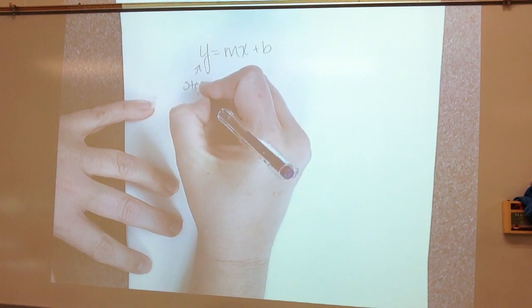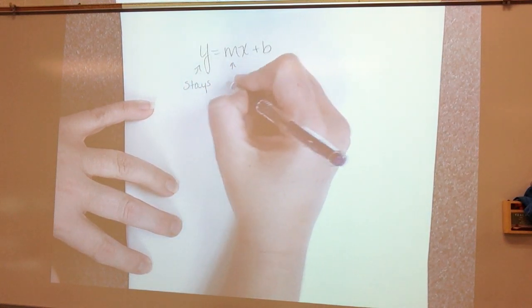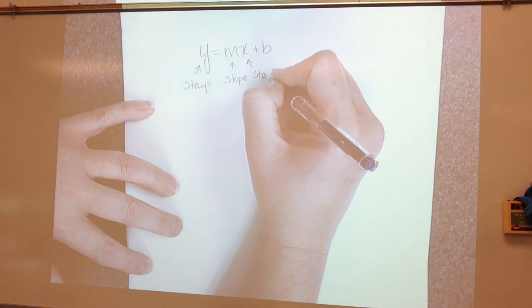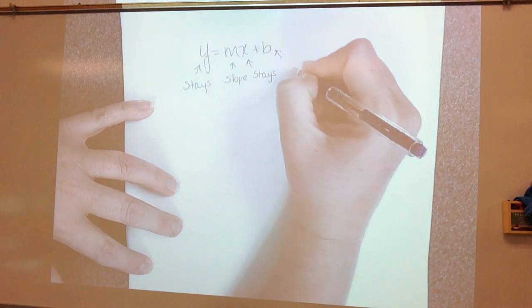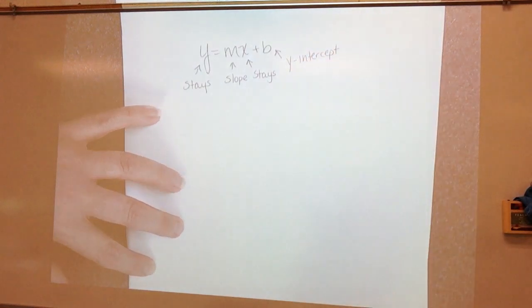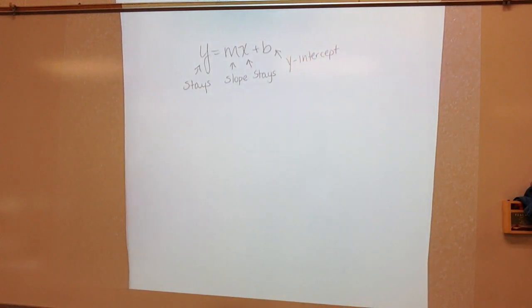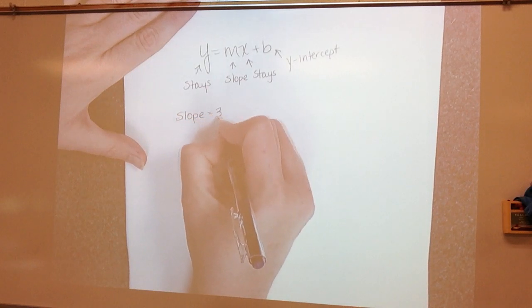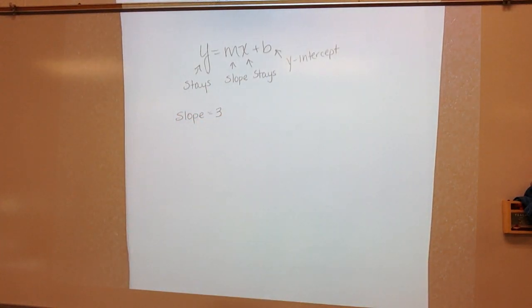That y stays. M is my slope. The x stays. And the b is the y-intercept on the graph.